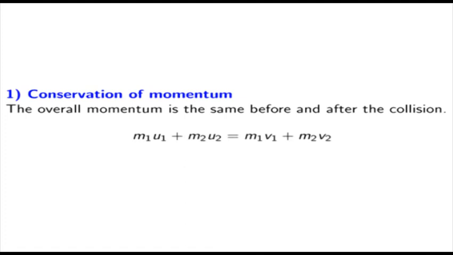So we have two objects in our collision, so these objects have both a momentum, and to get the overall momentum we simply form the sum of the two momenta. And then you see the equation on the screen. The product of m1 and u1 plus the product of m2 and u2, which is the momentum before the collision, must be equal to the momentum after the collision, and that is m1 times v1 plus m2 times v2.